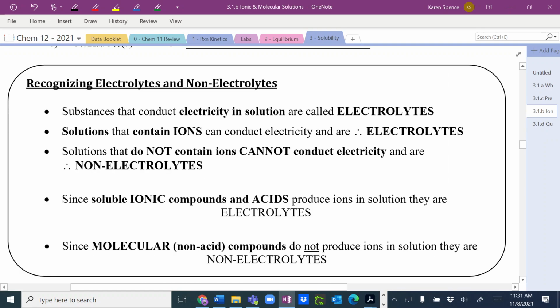Electrolytes and non-electrolytes. Do we remember what an electrolyte is? Electrolytes, what do they conduct? They conduct electricity. What do you need to conduct electricity? You need ions. So what kind of solutions will conduct electricity?